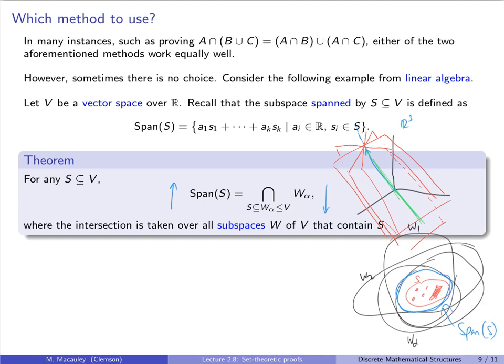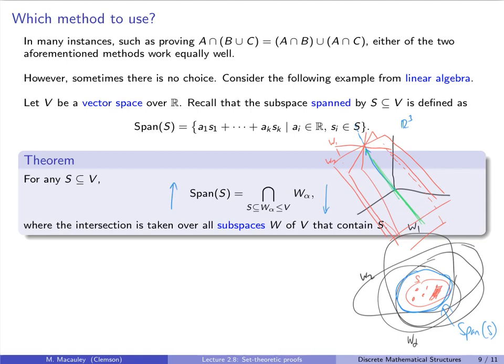Maybe one of these is W1, maybe this is W2, though I should not be enumerating these with integers because there's actually uncountably many. There's more than just a natural number's worth of these planes because there's one for each angle. Okay, so this is a way to define this span.